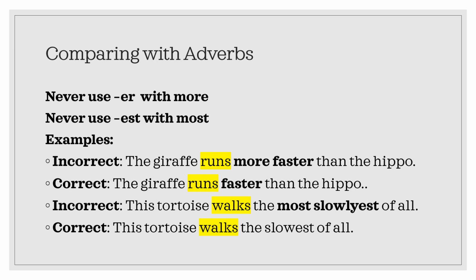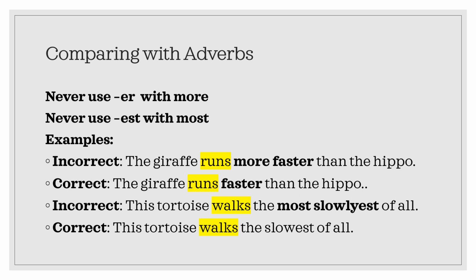The next one: this tortoise walks the most slowliest of all. Again, walks is the verb. He walks slow. He is not slowly walking. So this one has two problems in it. You don't put the EST with the LY with the most. This sentence you threw everything in there.